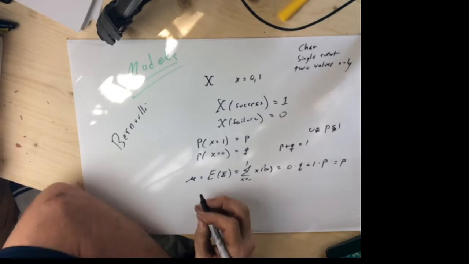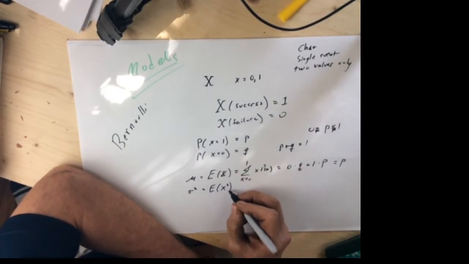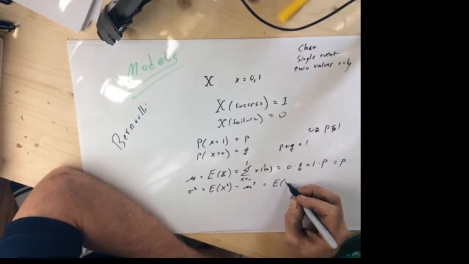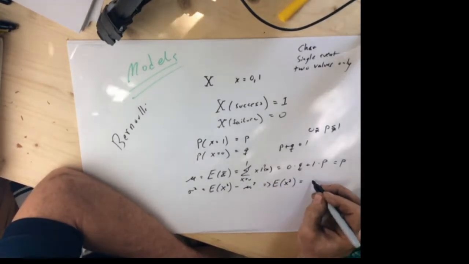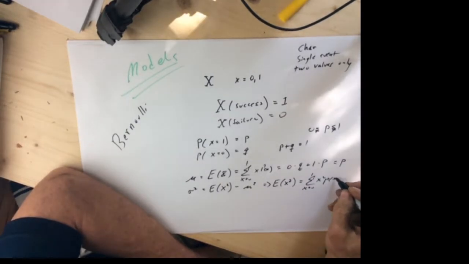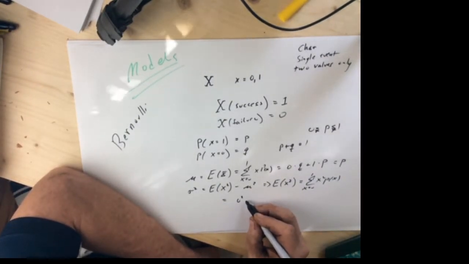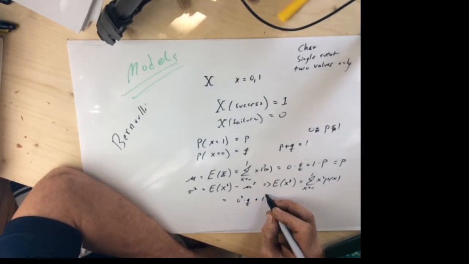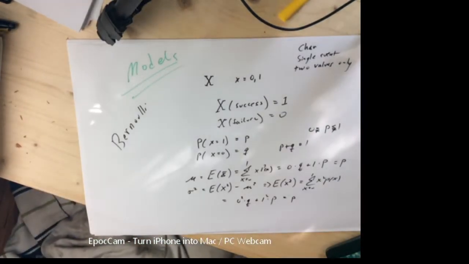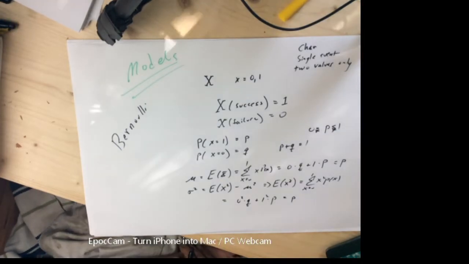Not bad. Let's do the variance, the expectation of x squared minus mu squared. So the expectation of x squared will be the sum over x equals 0 to 1 of x squared p of x, and so this will be 0 squared times q plus 1 squared times p. It will be p. I think I made a mistake there.